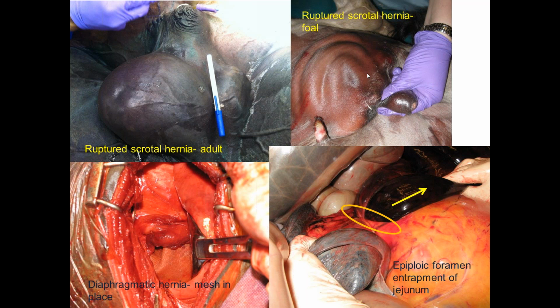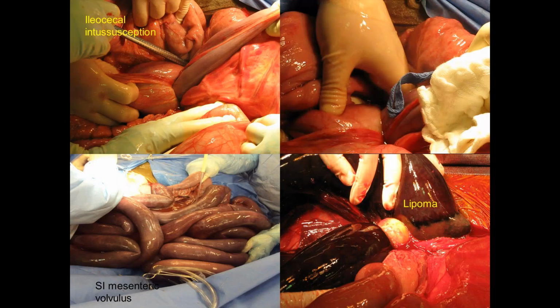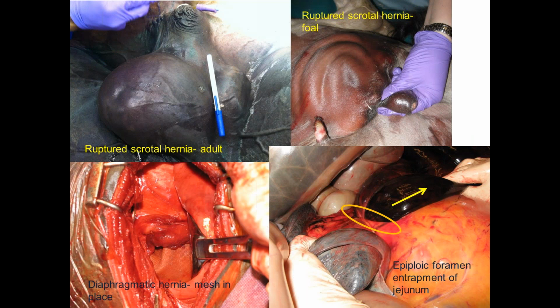This is a foal. This isn't a Friesian, but this is a foal with the same sort of thing. You can see those things there that look like a scroll. Those are all individual loops of small intestine. Again, this is a surgical emergency because that skin there is being stretched, and so even if the intestine's alive and healthy and you put it back in the abdomen, that big area of skin can go on and die, and that can be the reason why that foal ends up not making it, because they've got too much skin loss.